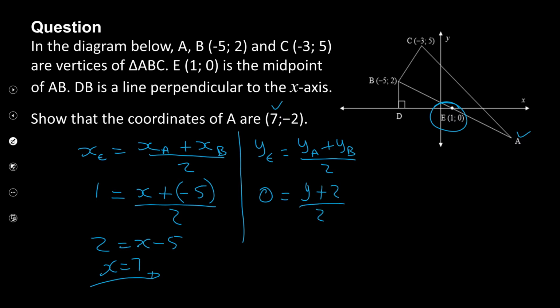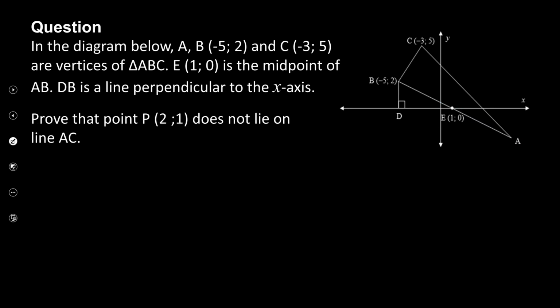Then you work this out: 2 multiplied by 0 is 0, equals y plus 2, then y is equal to -2. And then you can see the coordinates are already there. And then one last question to just quickly look at.